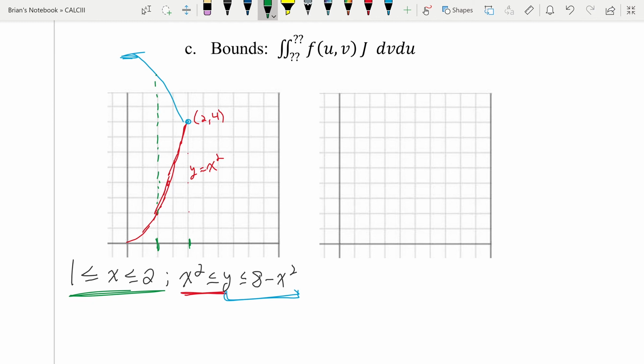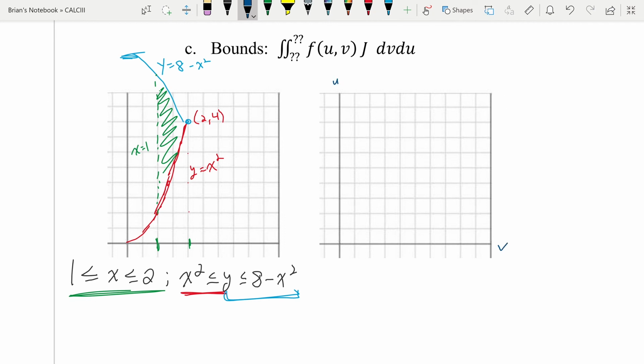So it's not pretty, but you can see our region is right here. In between, x is equal to 1, y is equal to 8 minus x squared, and x squared is equal to y. Okay, so we have a region, and now we need to turn it into u and v.